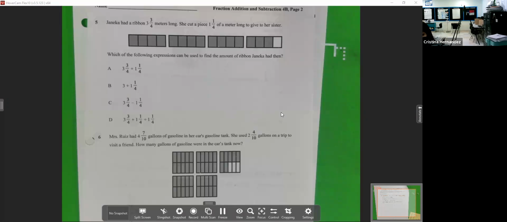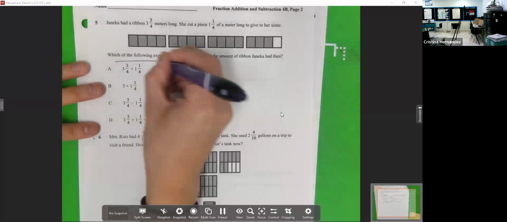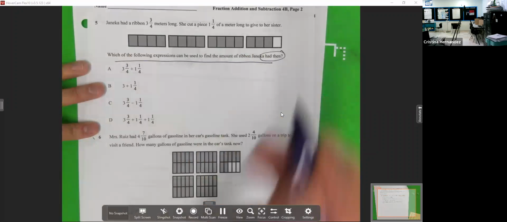Janico had a ribbon that's 3 3/4 meters long. She cut a piece 1 1/4 meters long to give to her sister. Which of the following expressions can be used to find how much she had then? So if she started out with this much and she gave 1 1/4 away, did she still have it or did she gain more? How much does she have then if she gave some away?